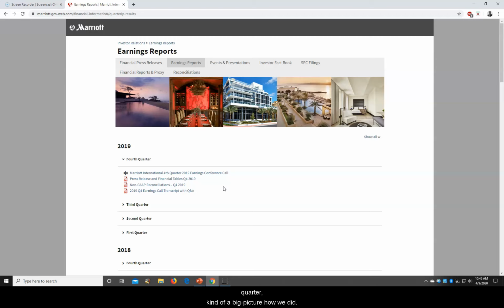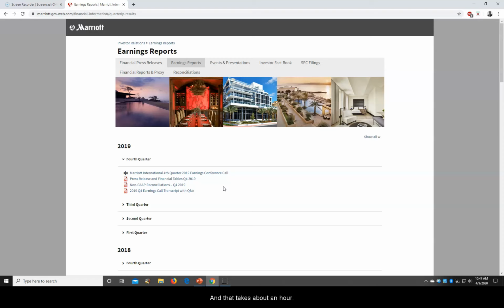Here's kind of big picture how we did. Then typically the CFO will get on and walk through the financial statements and go over the finances and the details. And then there's a Q&A. Typically there are analysts who work on Wall Street that analyze Marriott and other players in the hospitality industry. They get to ask questions, and then the CEO and the CFO generally answer those questions.